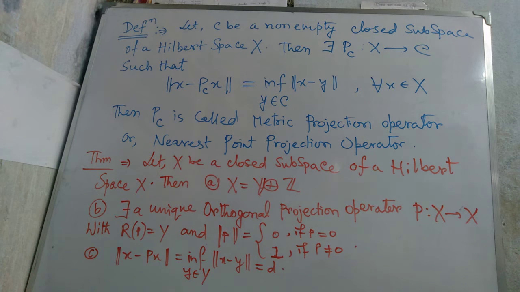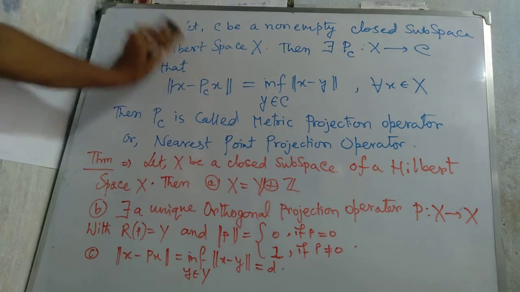And C: norm of x minus Px equals the infimum of the norm of x minus y, equal to d. Now we also go to the proof of that.